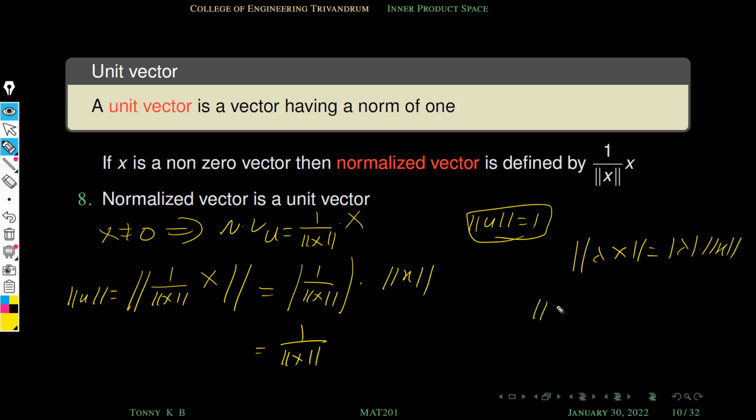Why? We know that norm x is always greater than 0, so it is positive, not negative, and its modulus is the same as itself. So 1/norm x times norm x is norm x by norm x, which is equal to 1. So norm of u equals 1. That means u is a unit vector. What is u? u is our normalized vector, x by norm x. So a normalized vector is always a unit vector. Its norm is 1.